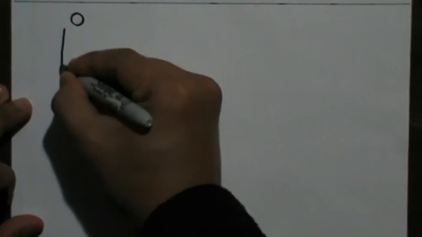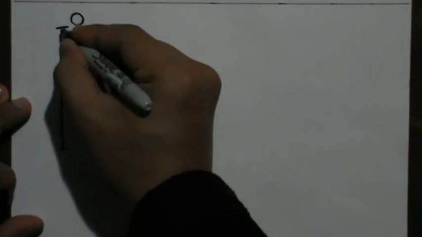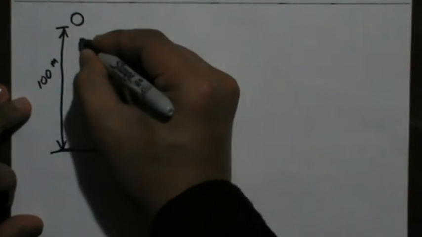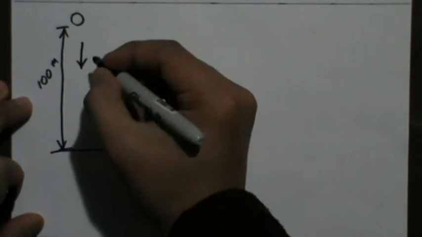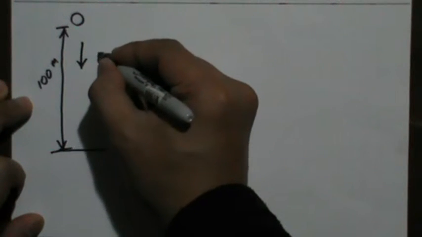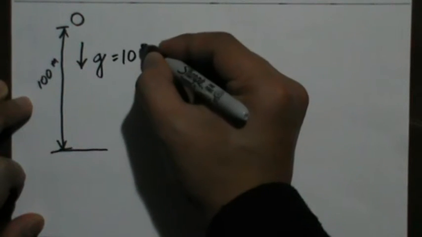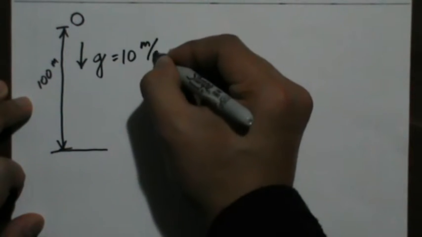This ball has an initial height of 100 meters. So this is the initial height. And it's accelerated by the gravity, and the magnitude is 10 meters per second square.